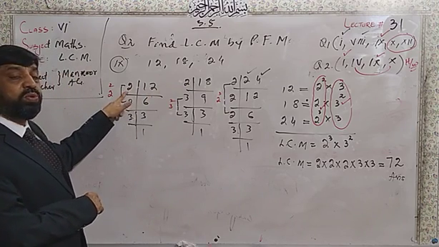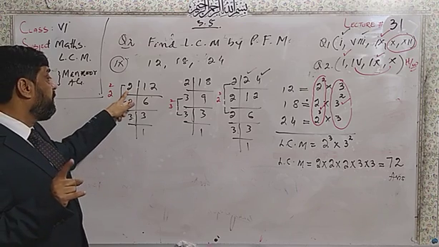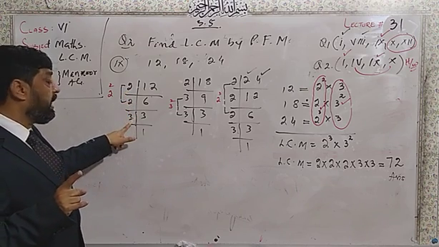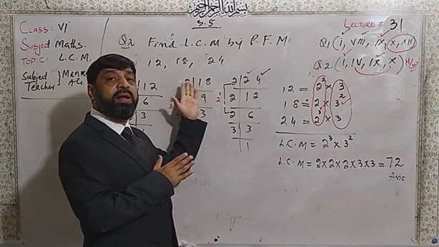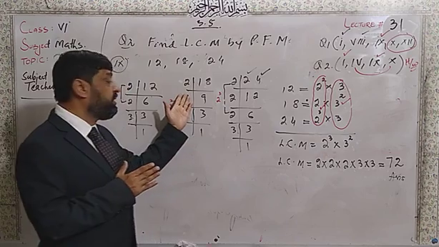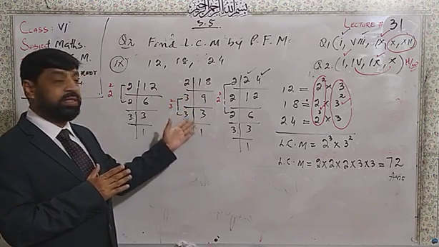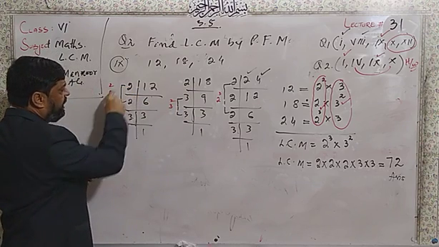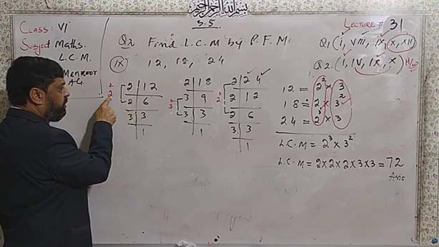Dear students, here 2 is the least prime number, again 2, again 3, that is possible. Again the least prime number on 18, 2, again 3, that is possible on 9, again 3 on 3, 1 time. Then I make the pairs here. I write the exponent form, 2 into 2, it will be 2 power 2.